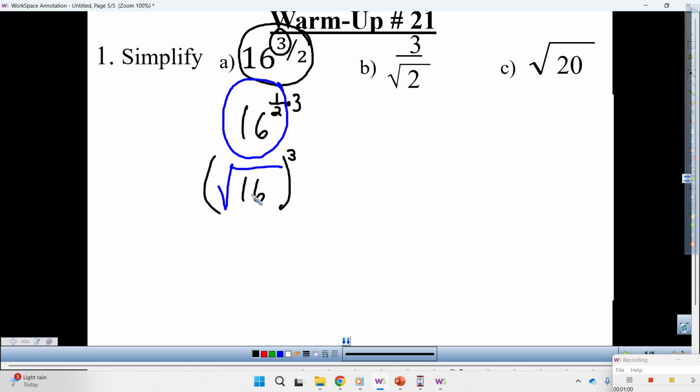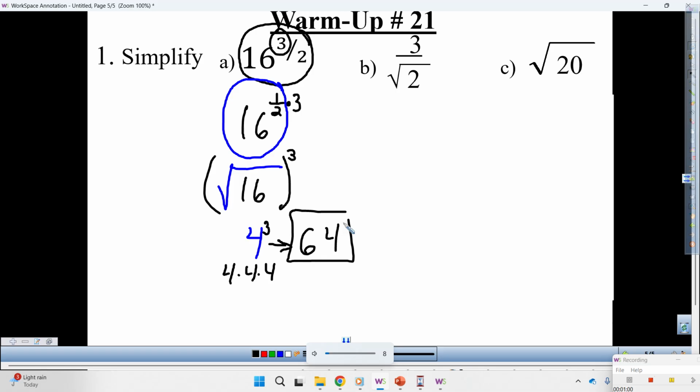Next, what is square root of 16? 4. So that means we bring down the exponent of 3, and that becomes 4 times 4 times 4, which is 64. Once again, this is just a review. You guys should have seen this in the past. I'm just trying to retrieve it before we get to that session in a couple of weeks.